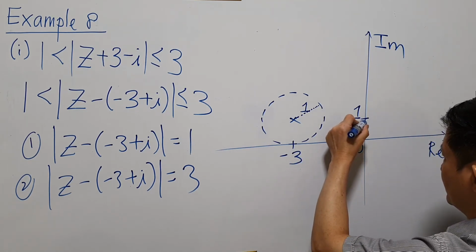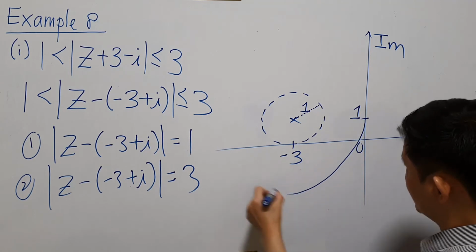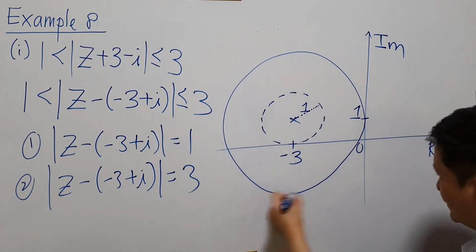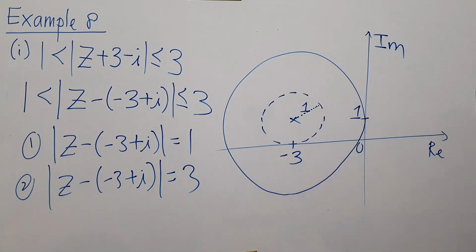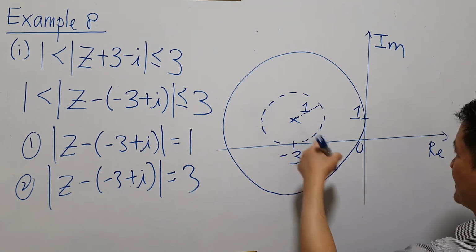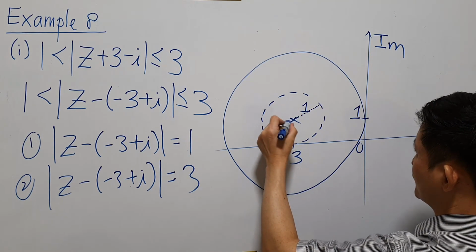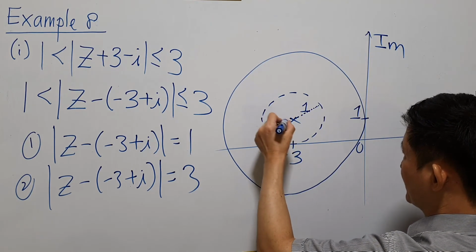I hope I'm drawing a good circle. Let me show you that this radius is 3 by marking it like this.